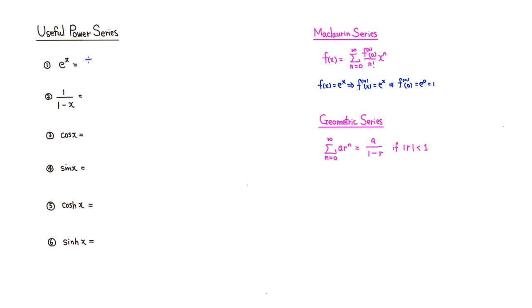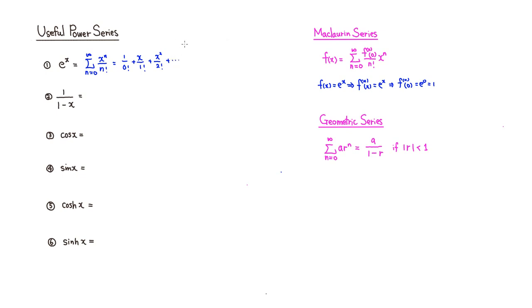So e to the x can be written as the summation, n goes from 0 to infinity, of x to the n over n factorial. It looks like 1 over 0 factorial plus x over 1 factorial plus x squared over 2 factorial, and so on.